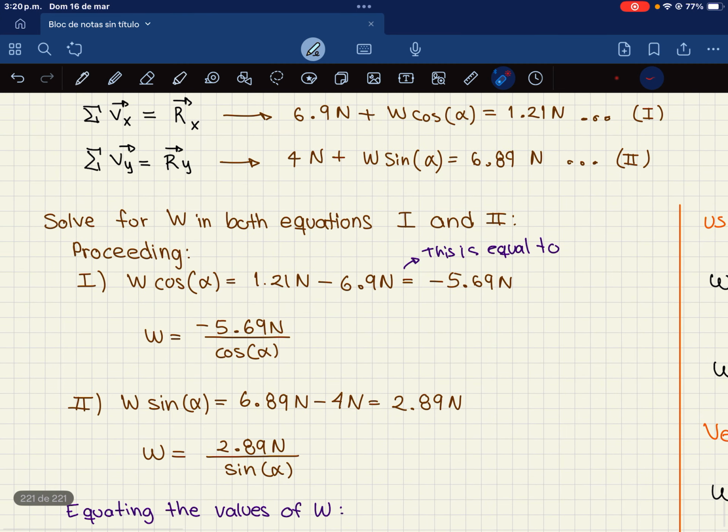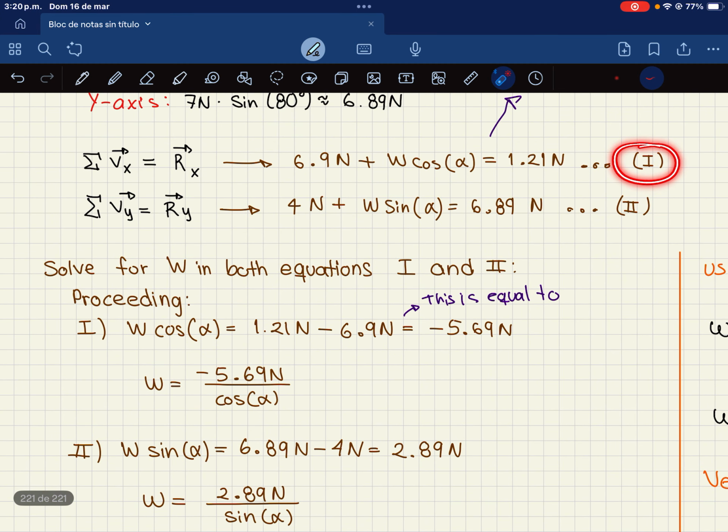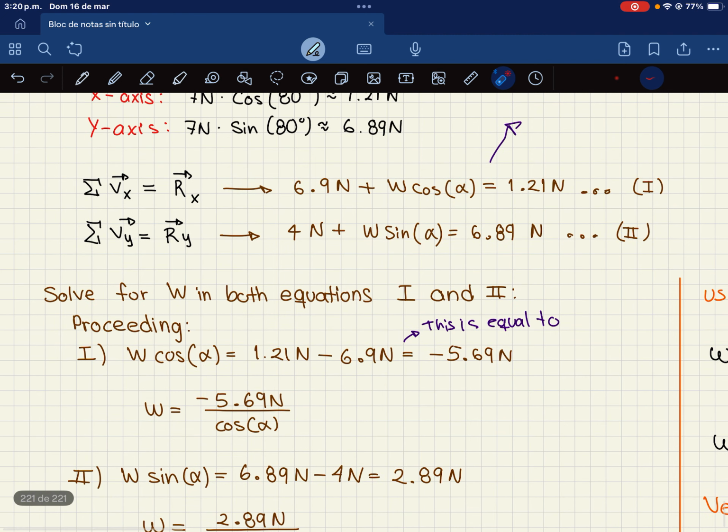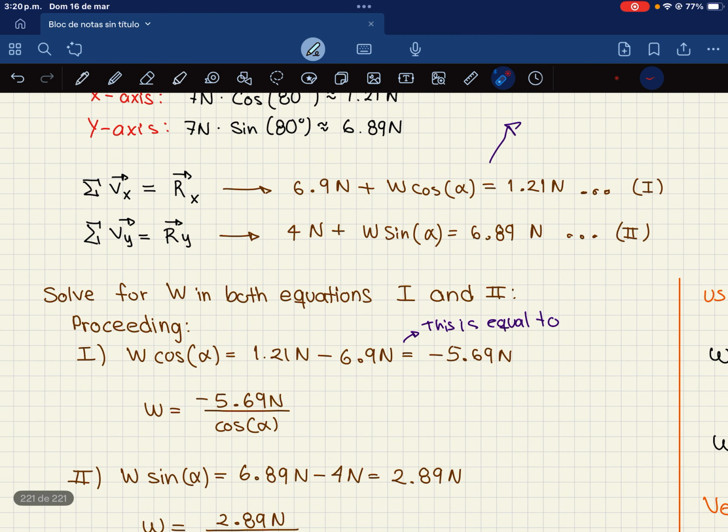Proceeding with 1: W times cosine of alpha is equal to 1.21 newtons minus 6.9 newtons, which is equal to minus 5.69 newtons.